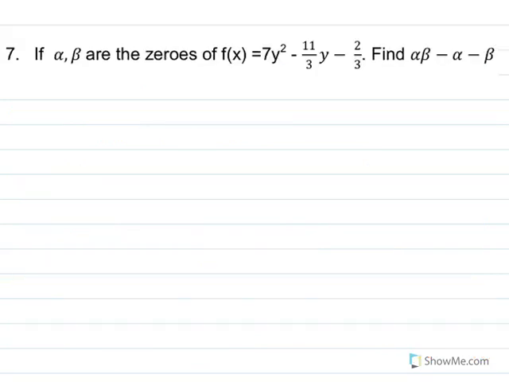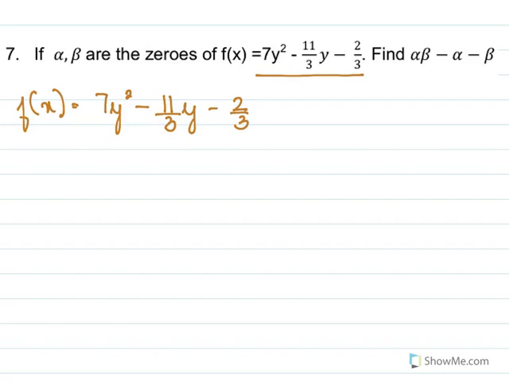Again, if alpha beta are the zeros of the polynomial, find alpha beta minus alpha minus beta. So here we have f of x equal to 7y square minus 11 by 3y minus 2 by 3.